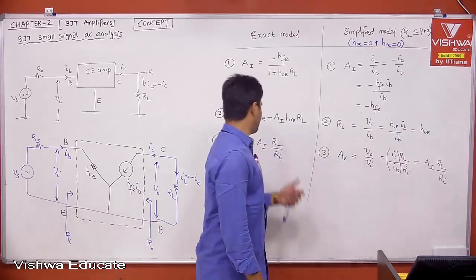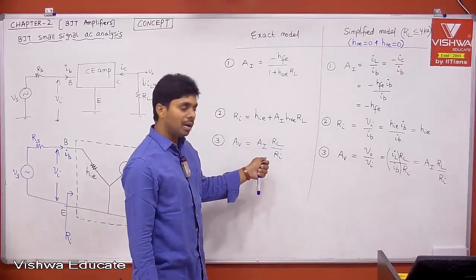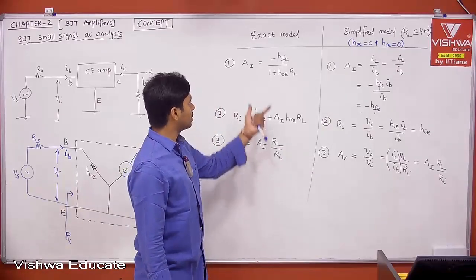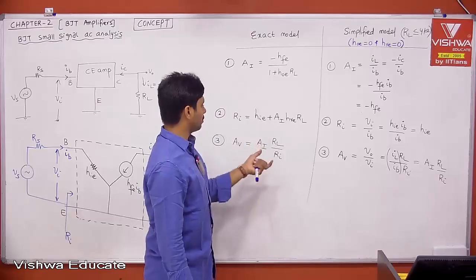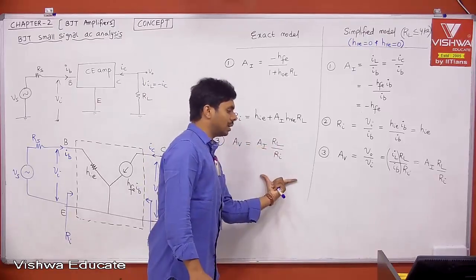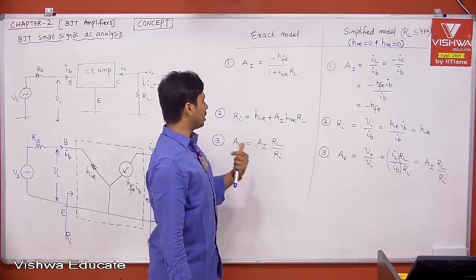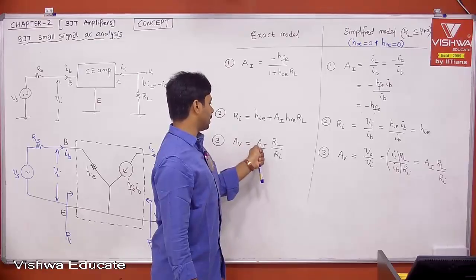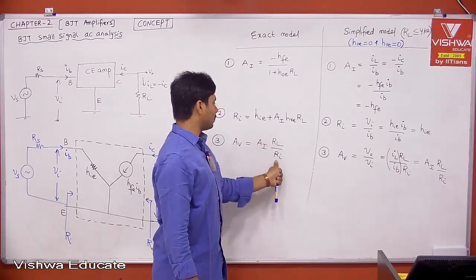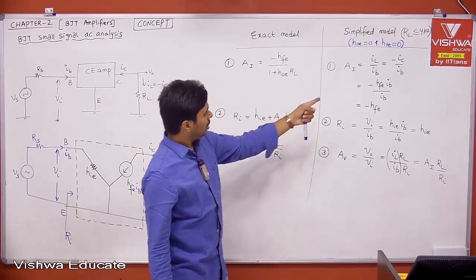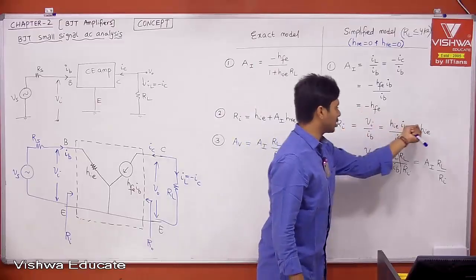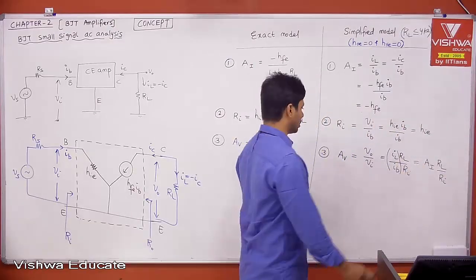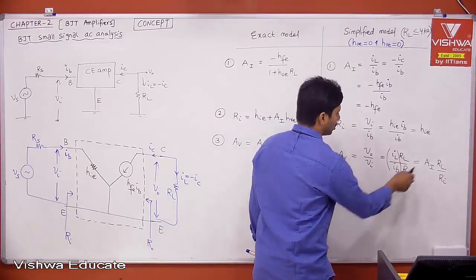Same, but here we can substitute. Earlier we left it as it is, because those were bigger expressions, and substituting would make it bigger. But I told you that if you want to calculate AV, we need to calculate AI first and then Ri, then AV. Here each is only a single-term expression that you can substitute.